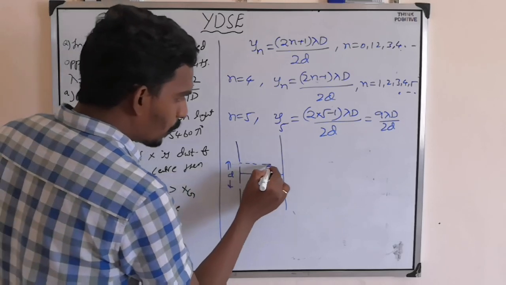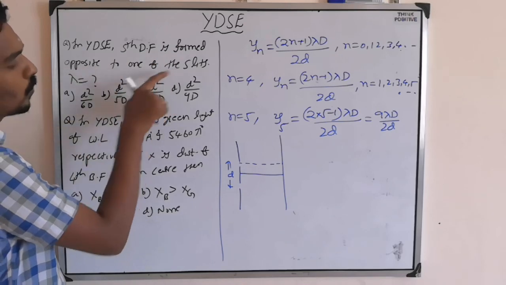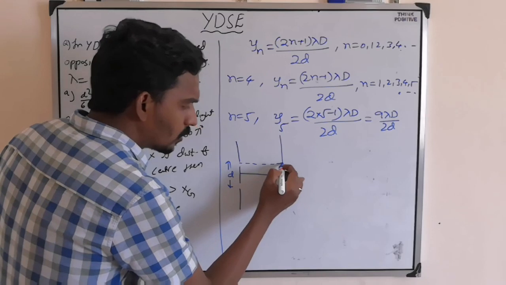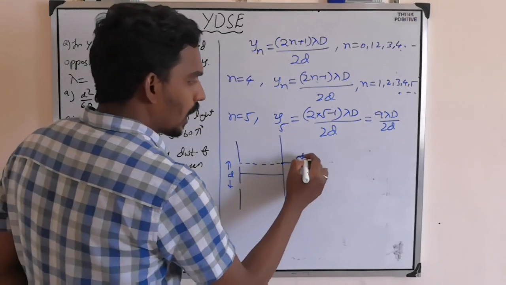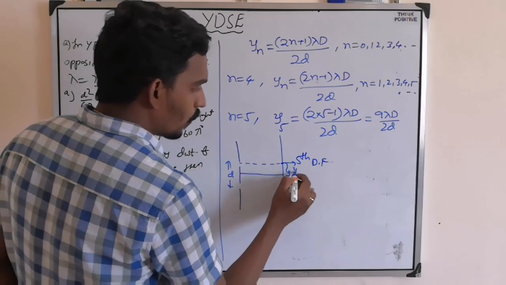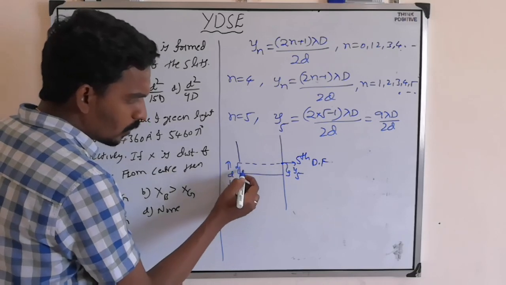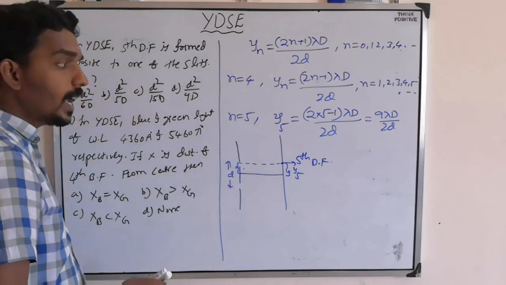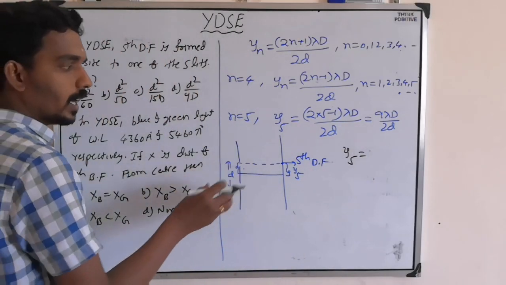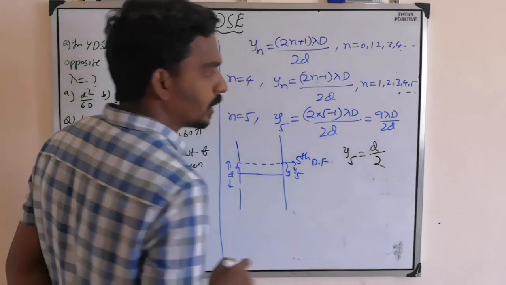Now it is formed opposite to one of the slits, either here or here. So here you are getting the fifth dark fringe. That means this distance is y5. But from the diagram, this distance is equal to d by 2. So indirectly they are telling, from the data they have given, if you draw the diagram, you will understand y5 equals d by 2.